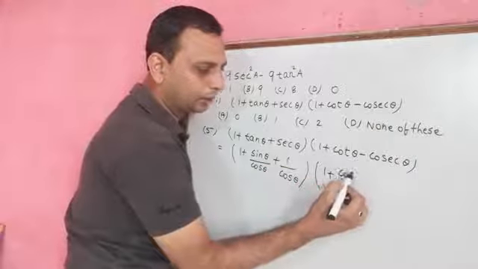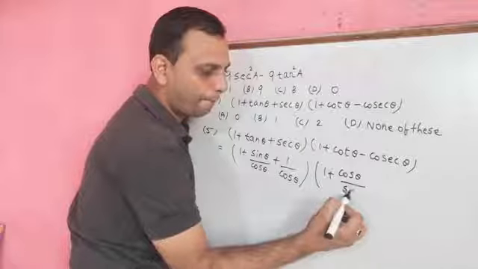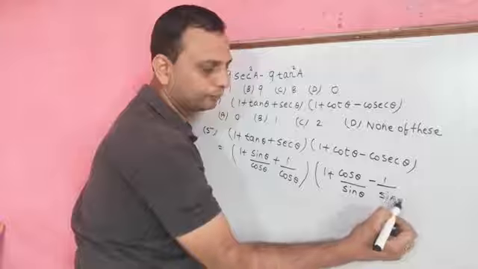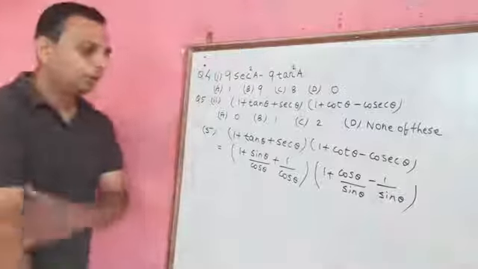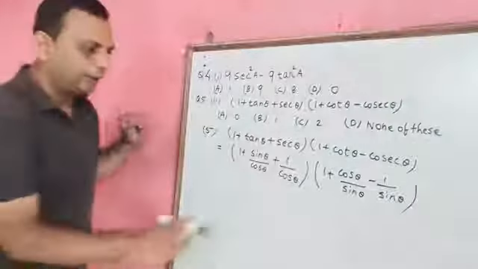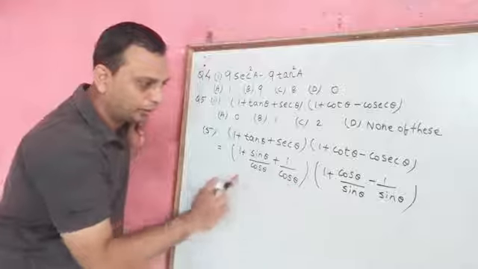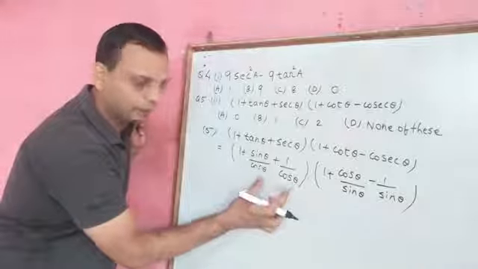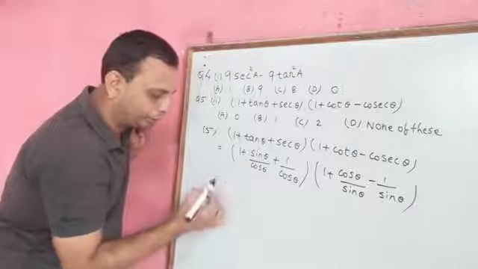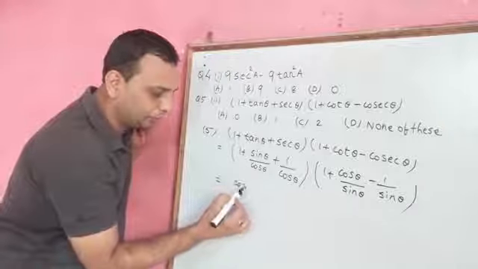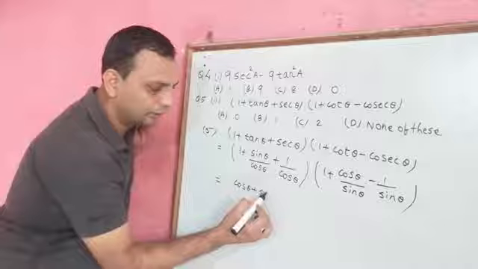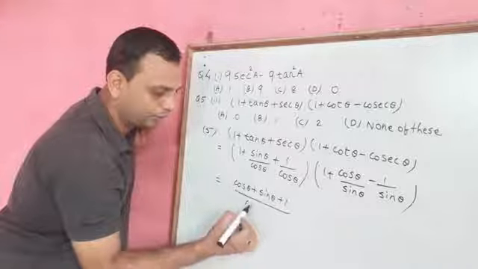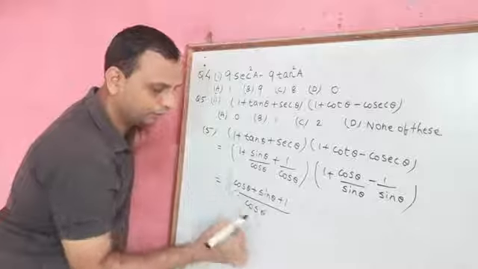1 plus cos upon sin minus 1 upon sin theta. Now we will take the LCM. You can see here I have cos theta in the denominator, and here it is 1. So cos theta will be the LCM, and I will multiply cos theta with the 1. It is equal to cos theta plus sin theta plus 1 upon cos theta.